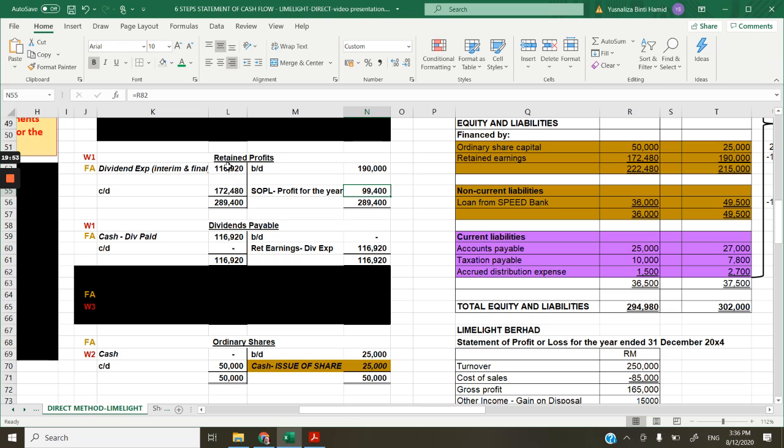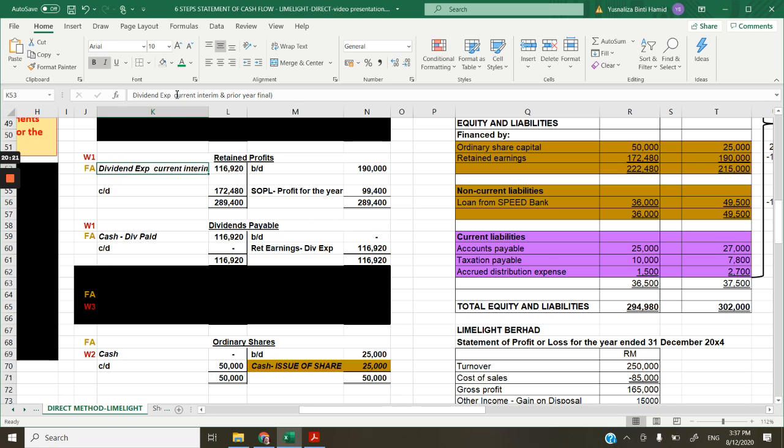And the balancing figure will be the dividend that was paid during the year. Dividend that you paid during the year is normally the prior year final dividend, and the current year interim dividend. So basically these are what you paid.